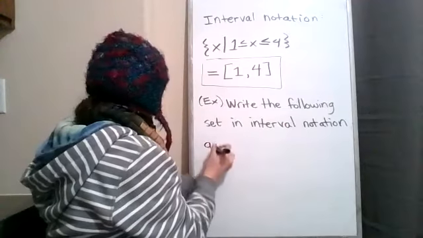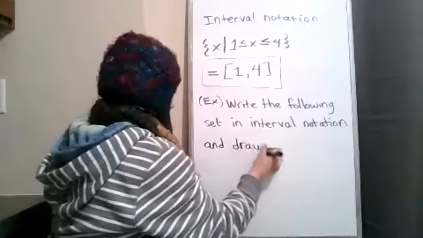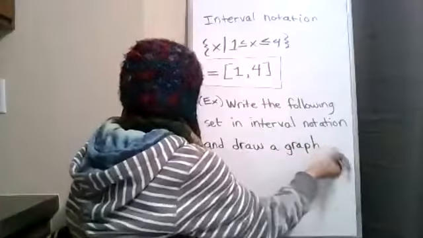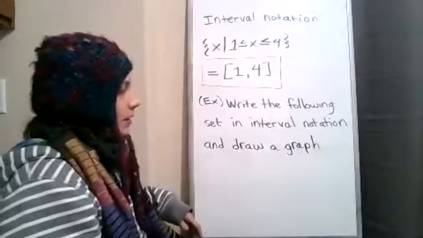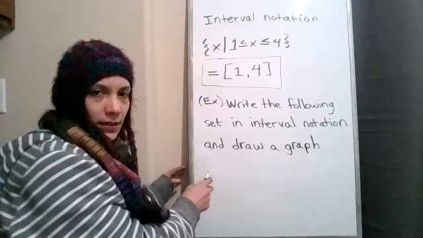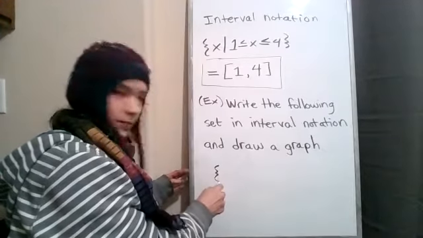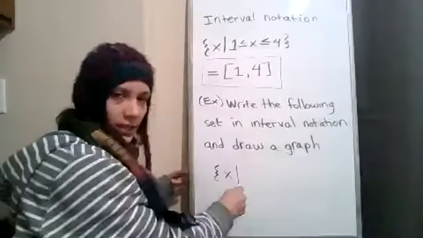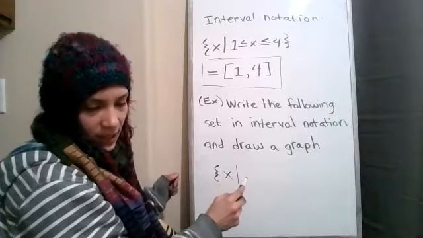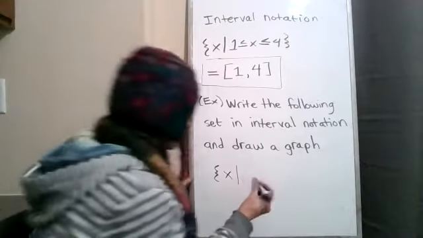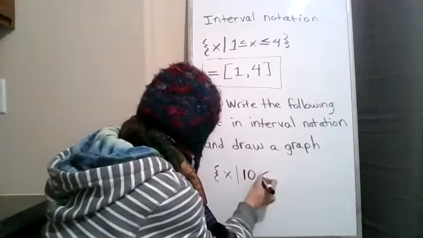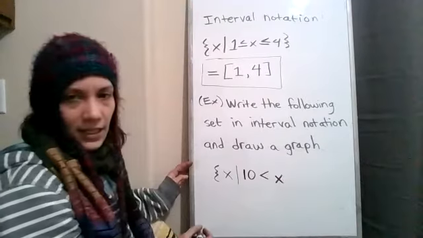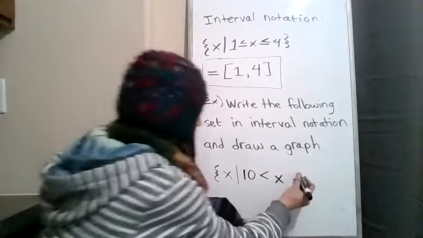Let's draw a graph. So our set is the set of x values, x, such that 10 is strictly less than x, and x is less than or equal to 20.